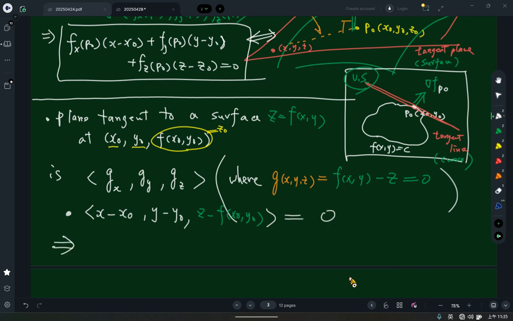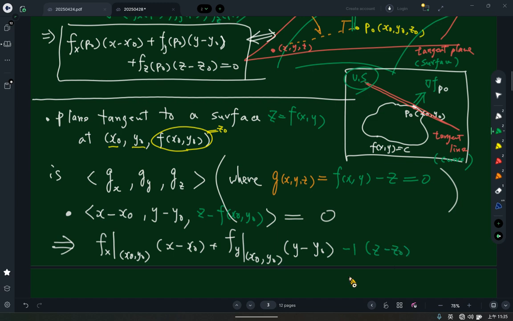So we can get partial f partial x at x0, y0 times x minus x0, plus partial f partial y at the point x0, y0 times y minus y0, then minus 1 times z minus z0 should be 0.